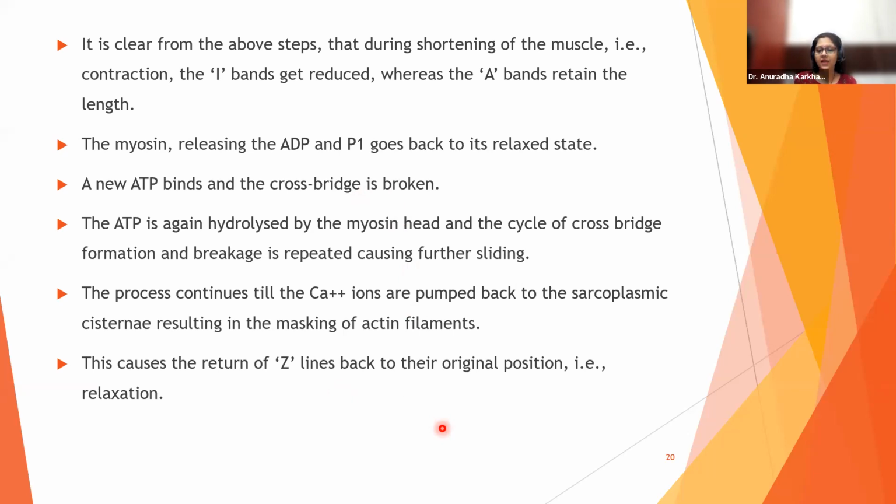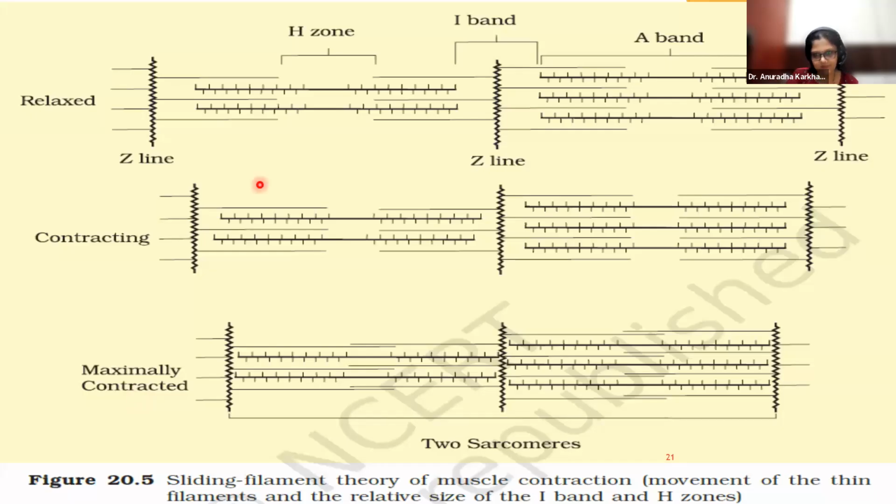Well, so that's all with your sliding filament theory and muscle contraction. Explained with diagrams, very beautifully explained with diagrams, beta. So we'll just go through this. ये देखो, in a relaxed condition how the things are. Z line, I zone, A band, H zone.